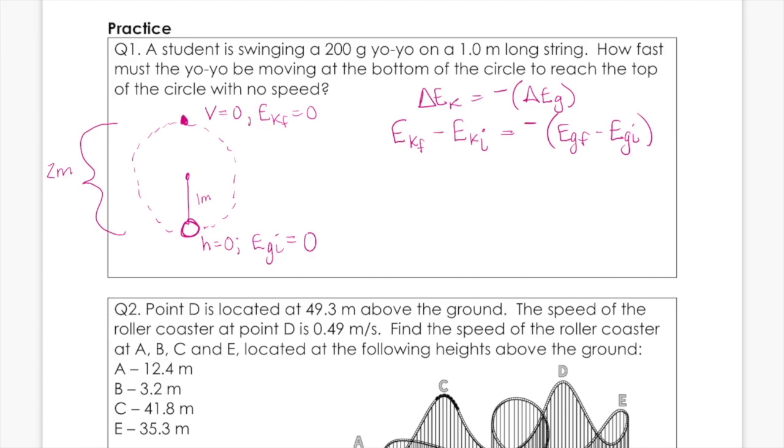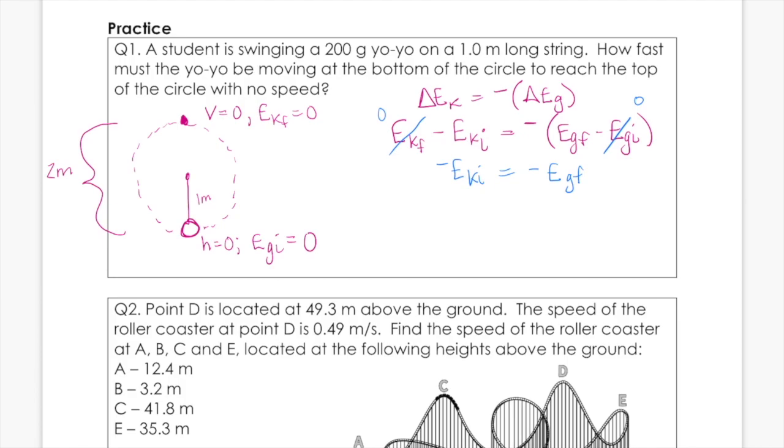We already found that EKF is going to be set equal to 0 and EGI is going to be set equal to 0. So EKF will be 0 and EGI will be 0. We're left with negative EKI equals negative EGF. So our negatives are actually going to cancel out and be dropped off.